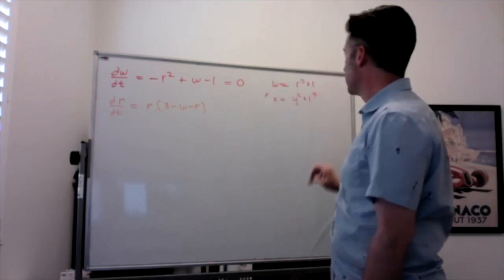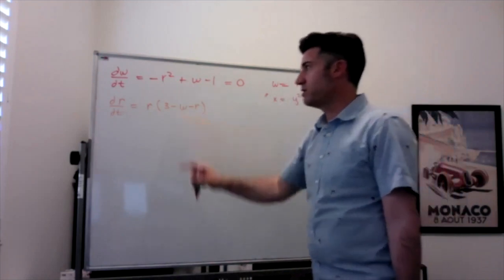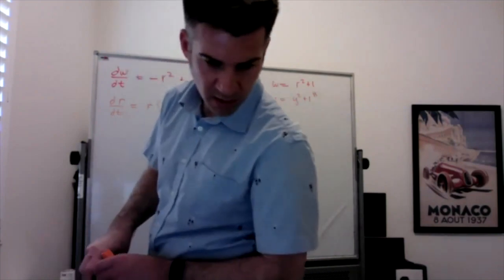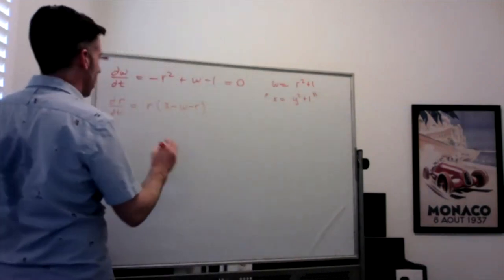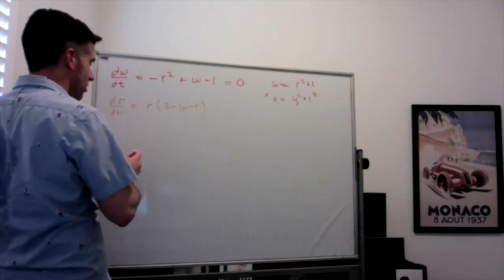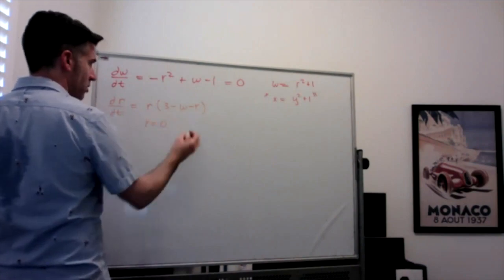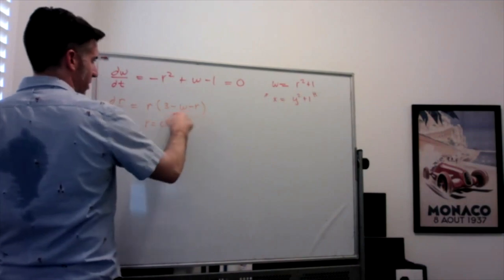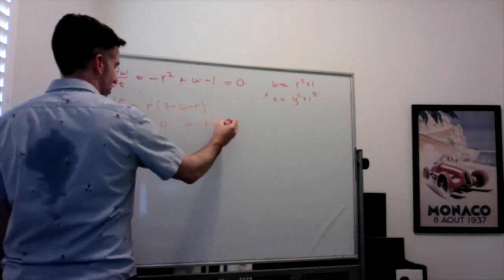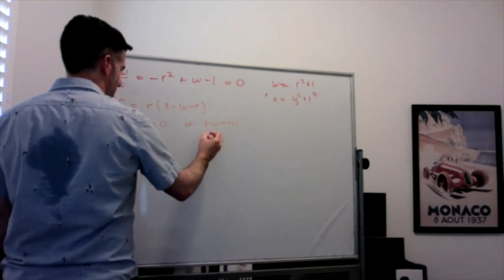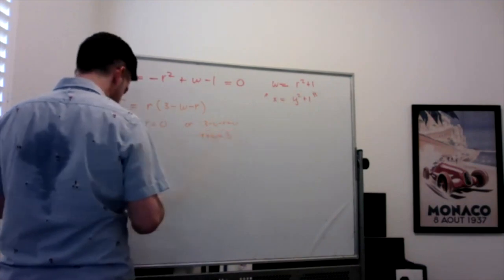Okay. Let's see, we're going to get either r equal to 0 or 3 minus w minus r equal to 0. So r plus w equals 3.